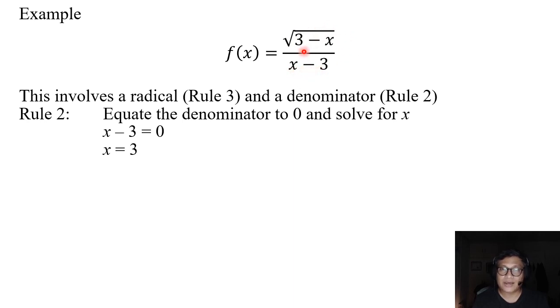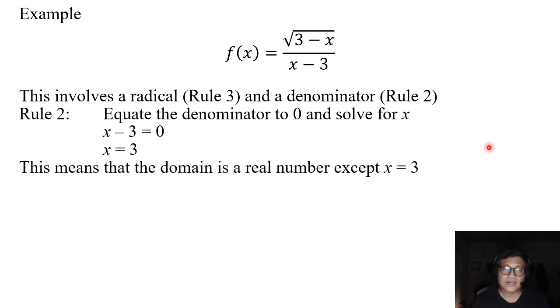But because we have this radical inside, then we can further identify which of those real numbers will be part of the domain only. But we now know that except x equals 3, hindi siya pwede. So we need to further find out the values of your x under the radicand, to identify further what are the possible domains only.